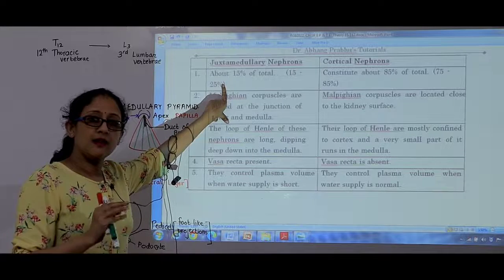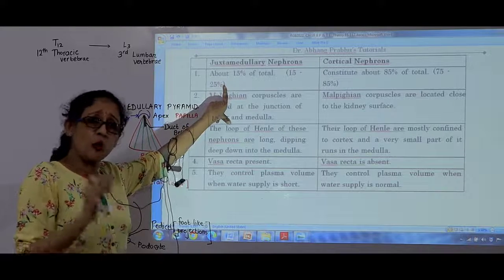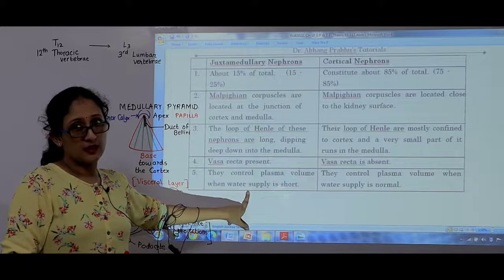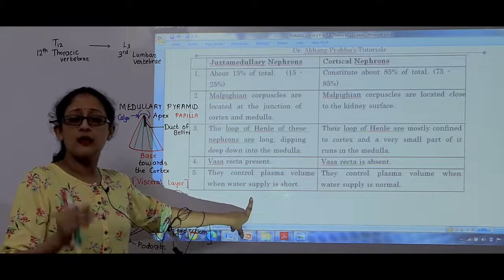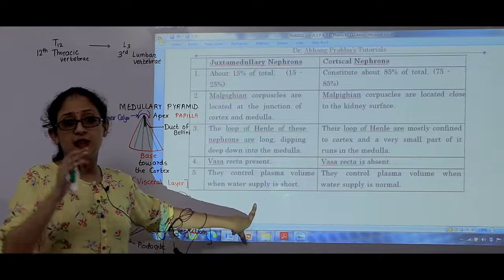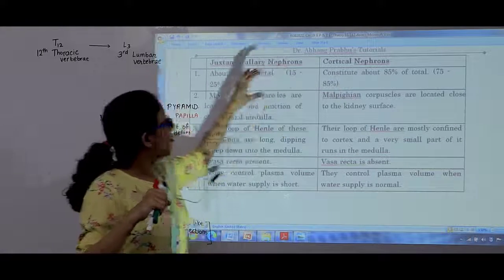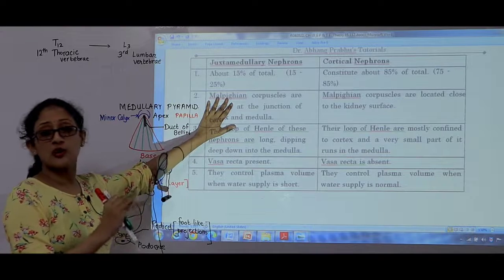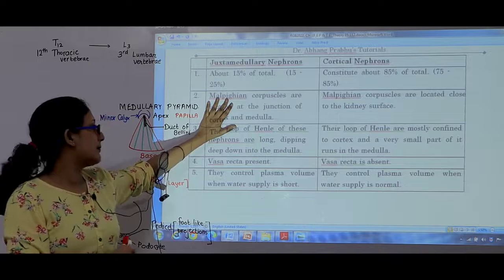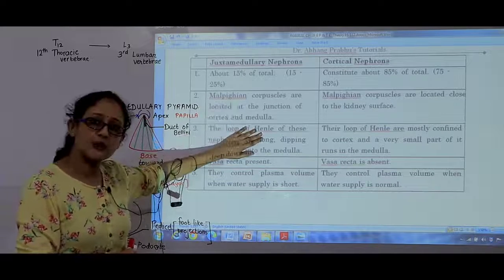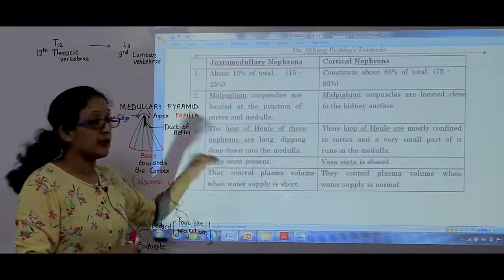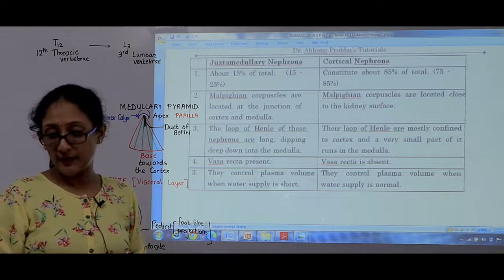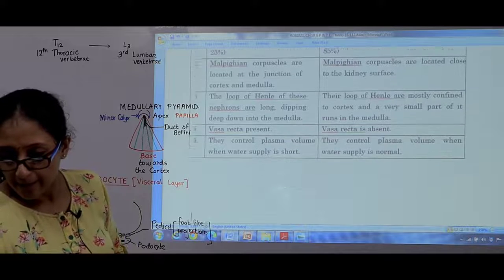They are required only in severe cases of water deficiency. The Malpighian corpuscle lies close to the surface in case of cortical nephrons, whereas in juxtamedullary nephrons, it lies close to the junction of the cortex and the medulla. They have a long Henle's loop and a very prominent vasa recta. So we have completed even the types of nephrons.